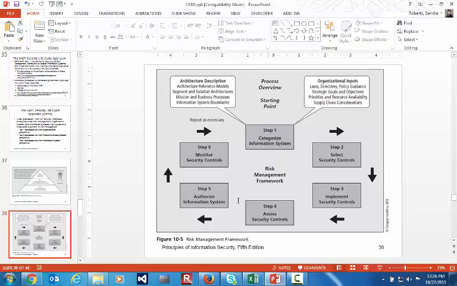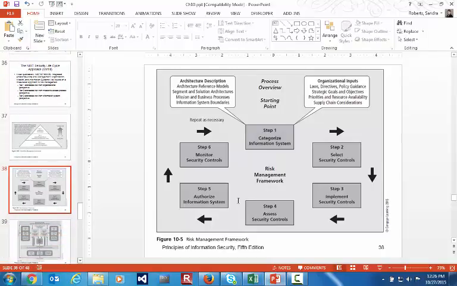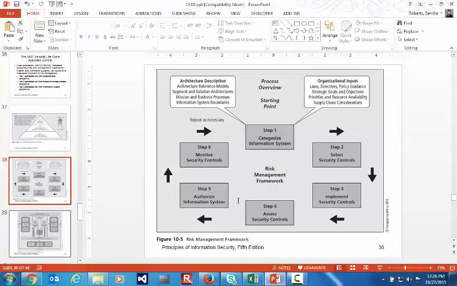The risk management framework is that SP800-37, that directive that has been put into place. And you can find lots of those, like I have just put in.